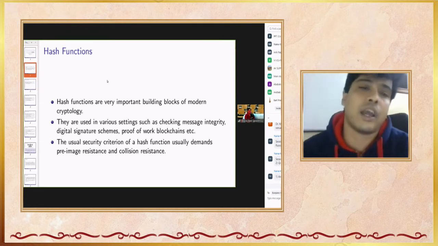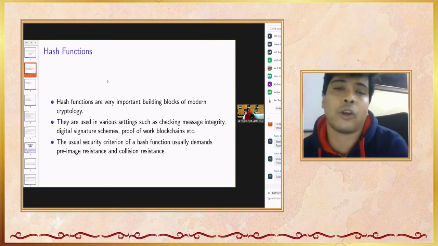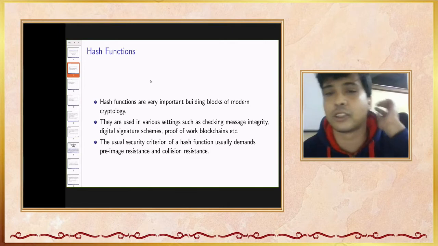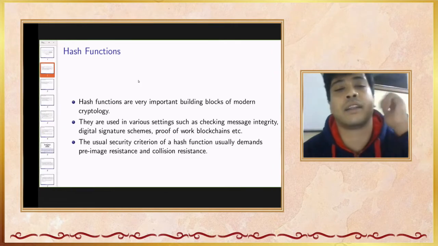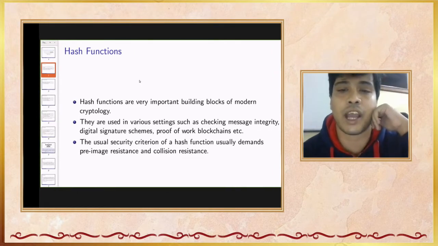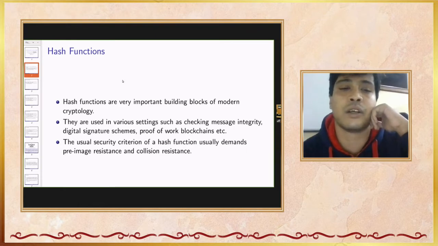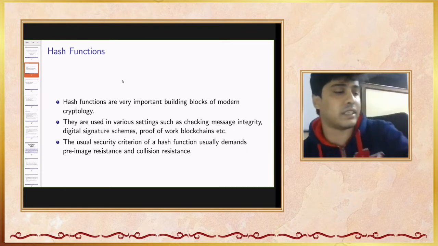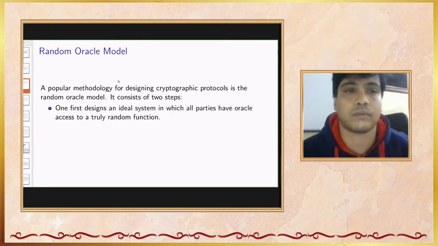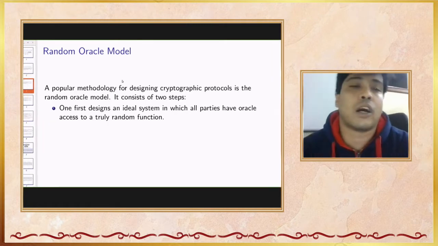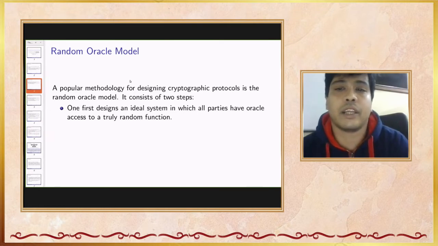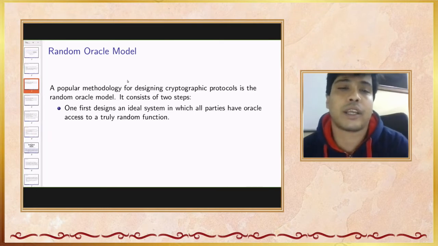As we all know, hash functions are very important building blocks of modern cryptology. We use them in various settings, and the usual security criteria of a hash function demand pre-image resistance, second pre-image resistance, collision resistance, etc. Now, a popular methodology for designing cryptographic protocols is the random oracle model.